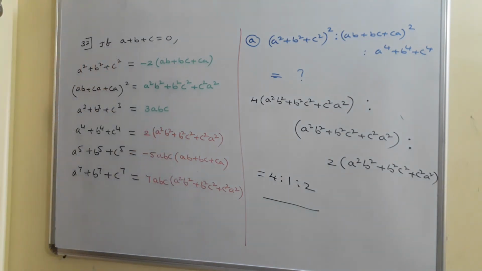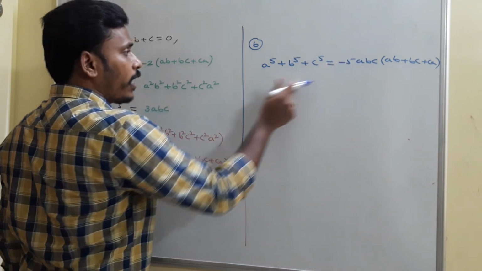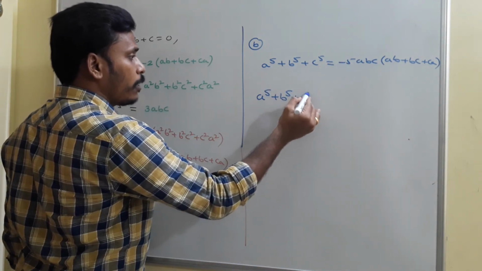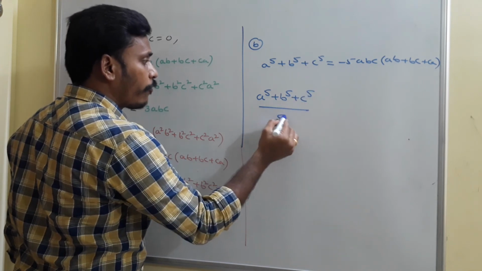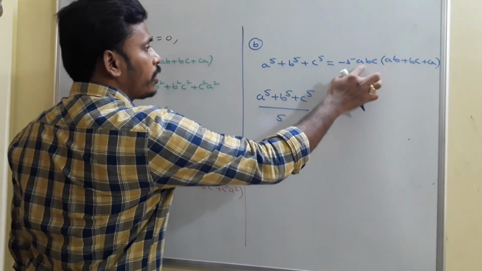Just have a look. Second thing is about A power 5 plus B power 5 plus C power 5. So first of all, you send this 5 this side. A power 5 plus B power 5 plus C power 5 divided by 5 is equal to minus ABC, times (AB plus BC plus CA).